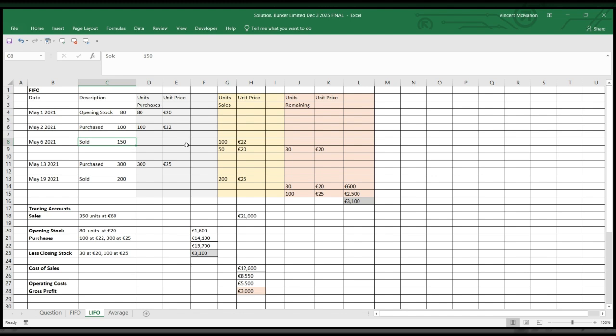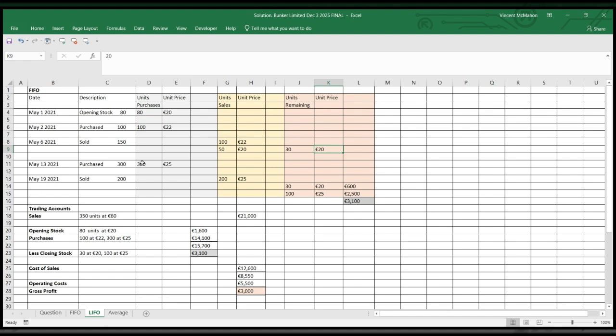This time, we sell the most recent stuff first, or the last in, which means the 100 at 22 that's sold. We still need 50 units to make up the full sales of 150. We go back to our older stuff of 80. We sell 50, which means we've 30 left. It costs us €20.